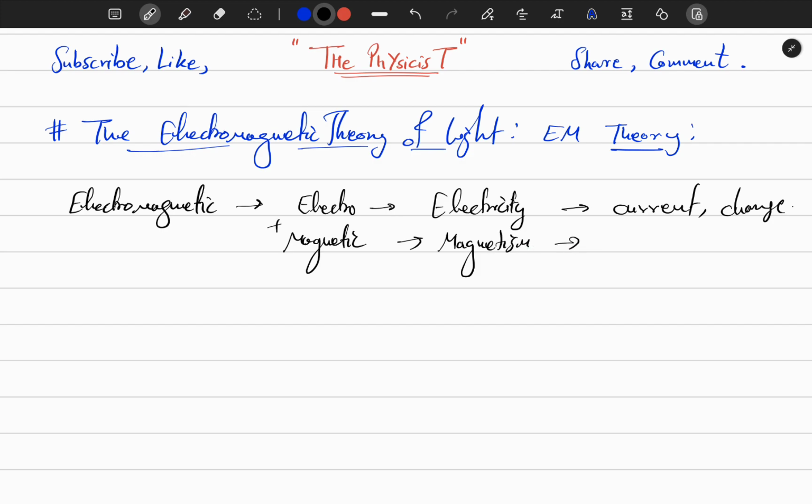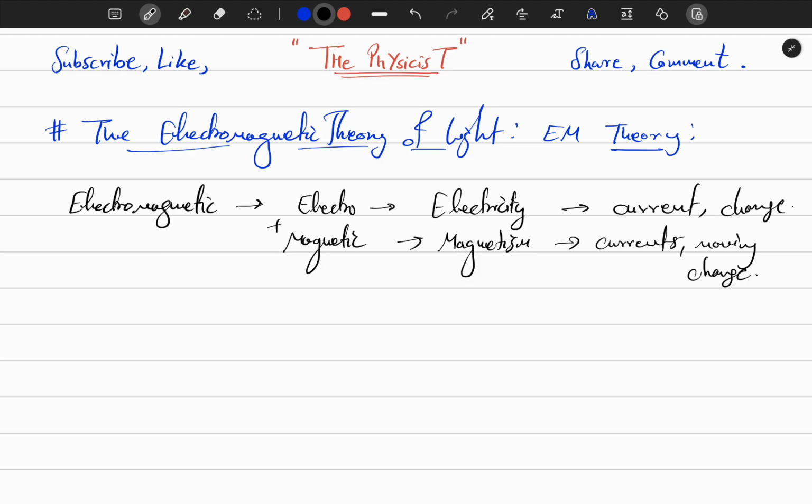These are also produced by currents, that is moving charge. That's why these are called electromagnetic, because electric and magnetic fields are involved in it.